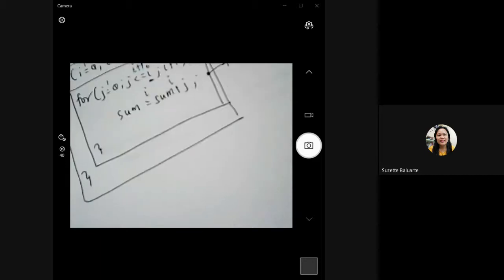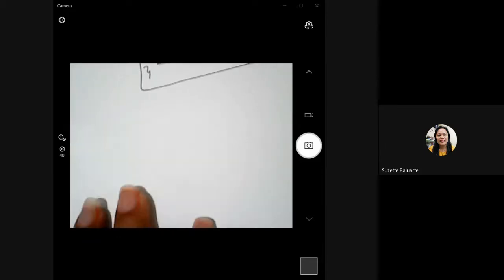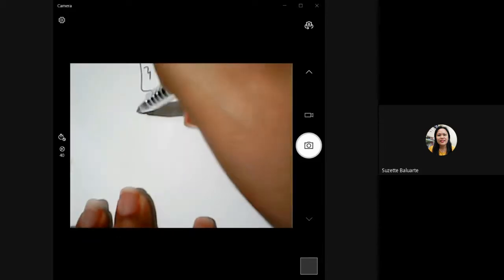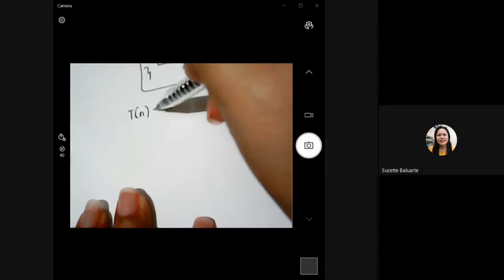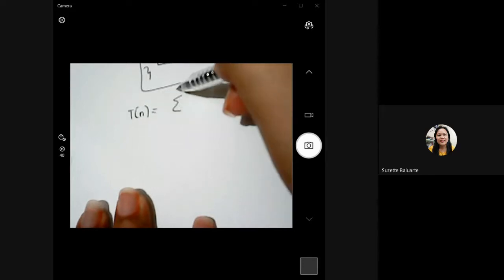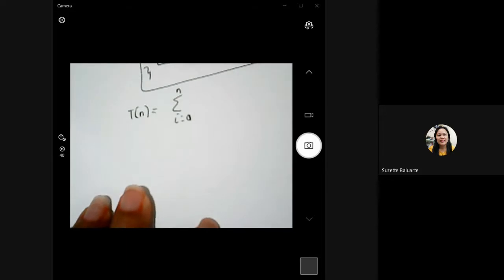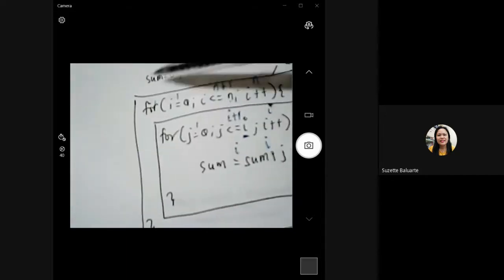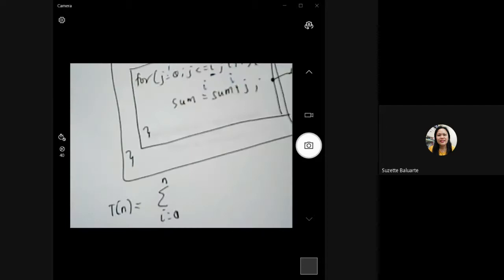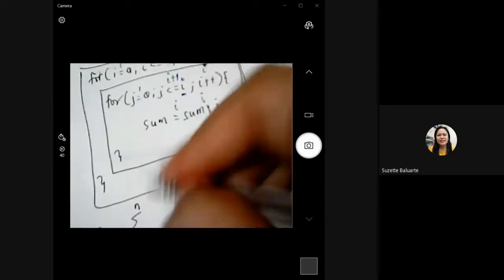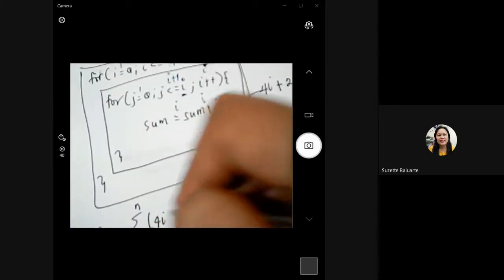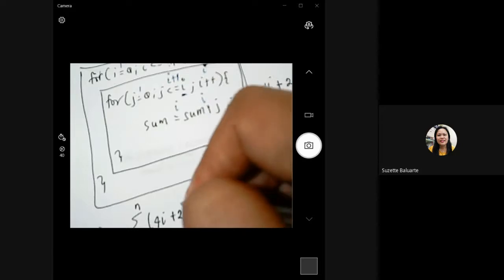Now, how are you going to solve for this? Okay? So, ito sa i-solve, no? So, it would be your T of n. So, your T of n is equals to the summation of n, where i is equals to 0. The inner loop is 4i plus 2.